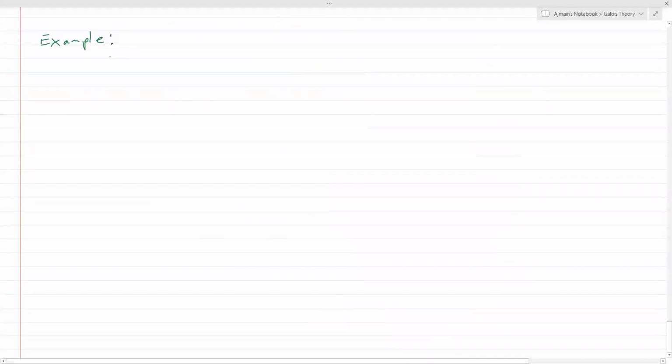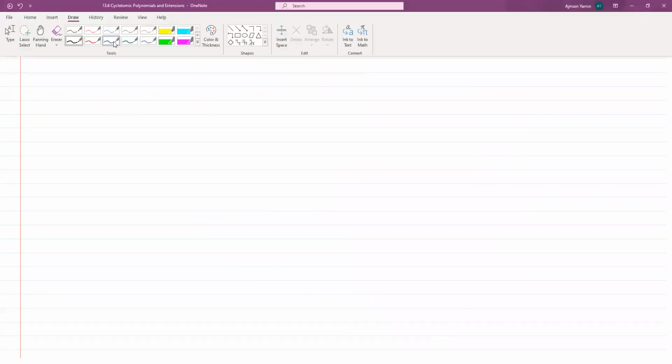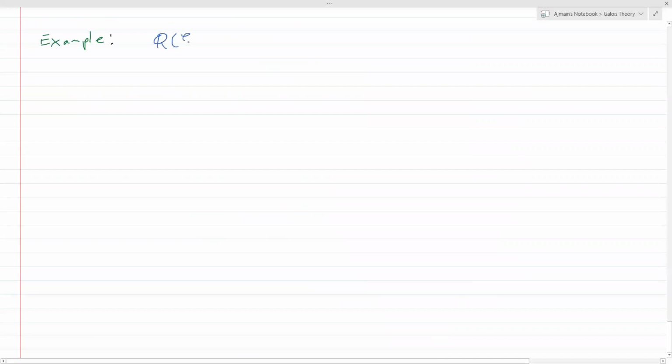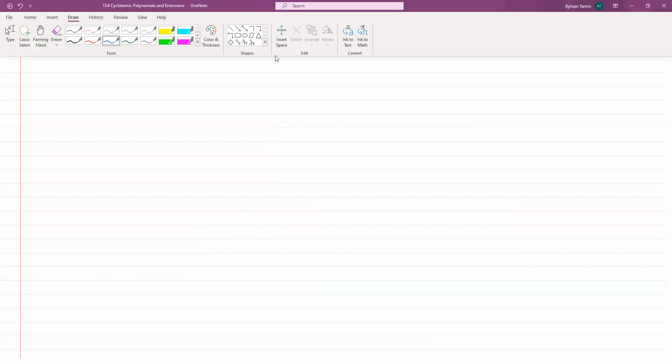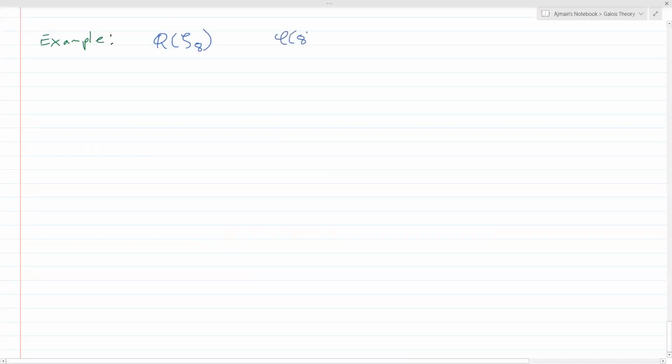So let me just do this example. We're looking at the cyclotomic field Q adjoin the eighth primitive root of unity. And then recall that phi of 8, well, how many relatively prime numbers are there to 8?